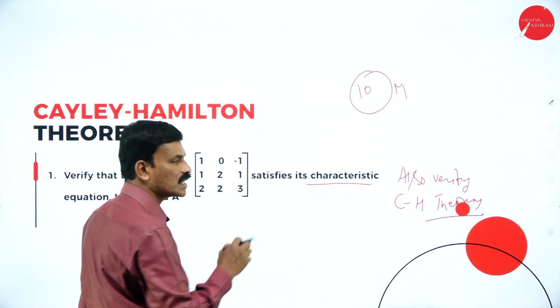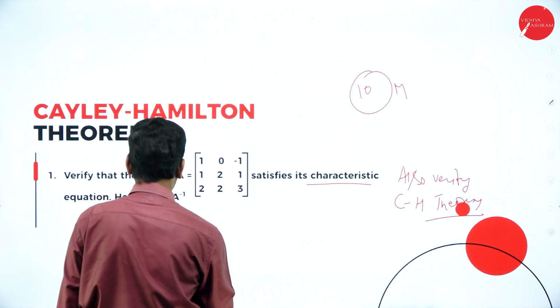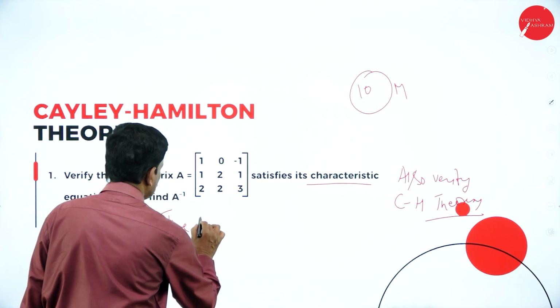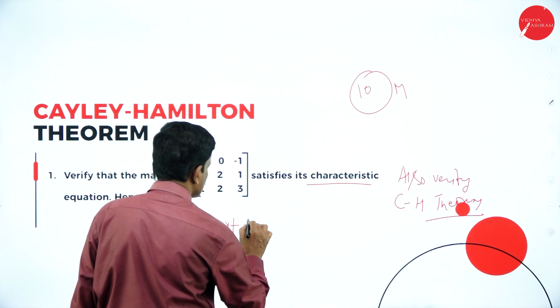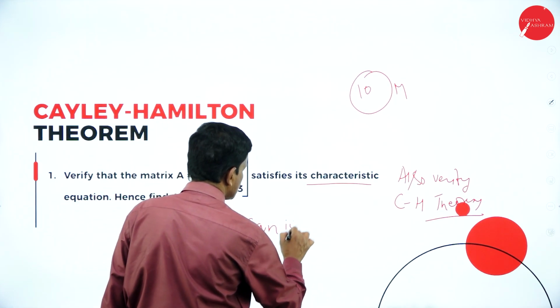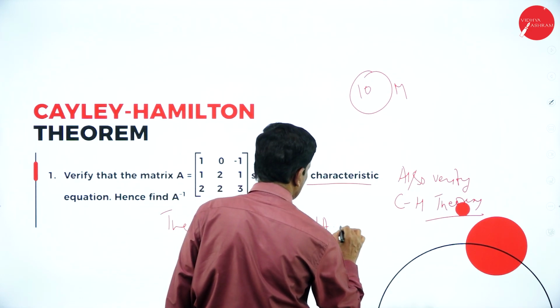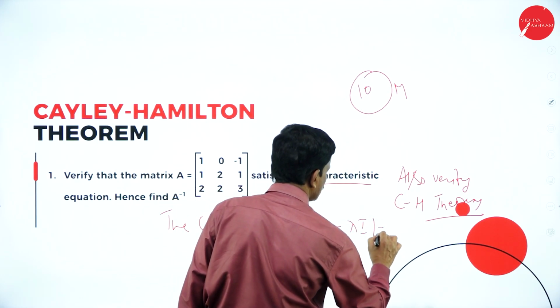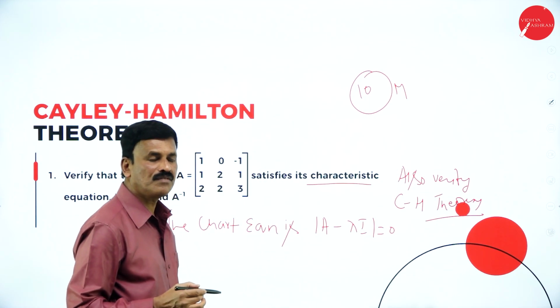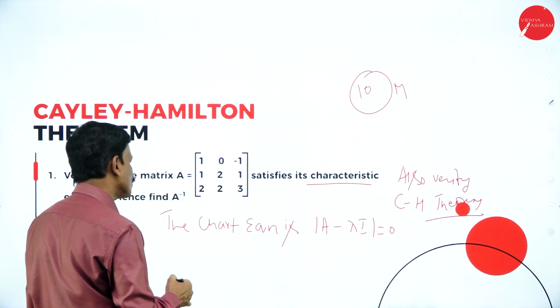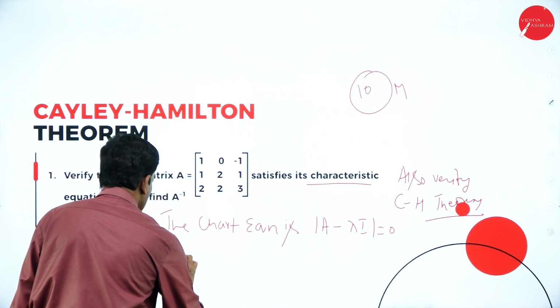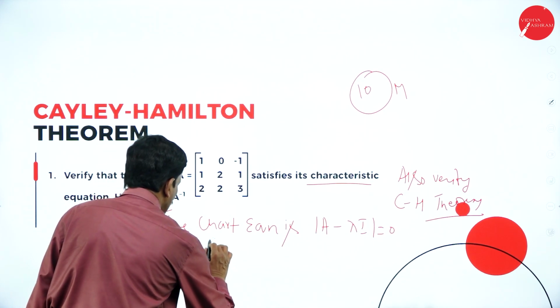Now, let us find out the characteristic equation. The characteristic equation is determinant of A minus lambda I is equal to 0. What is the matrix A?